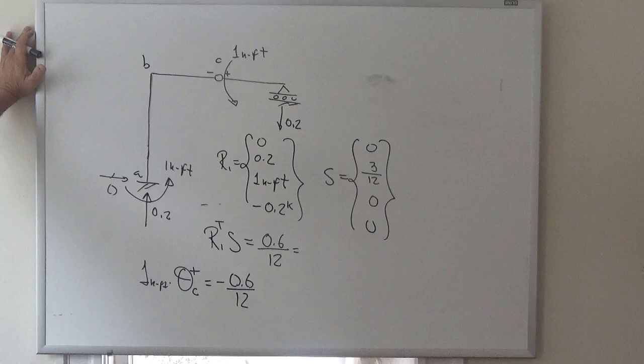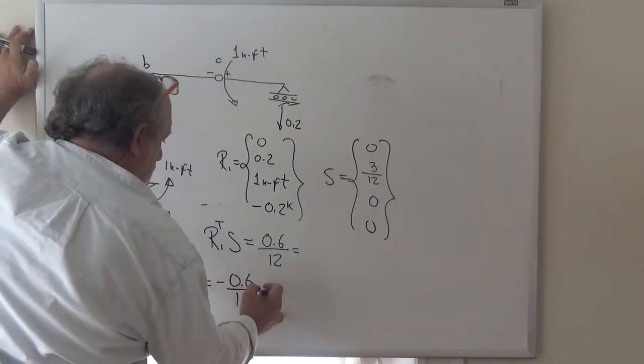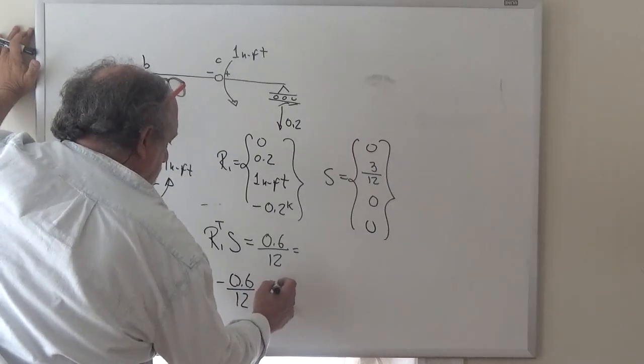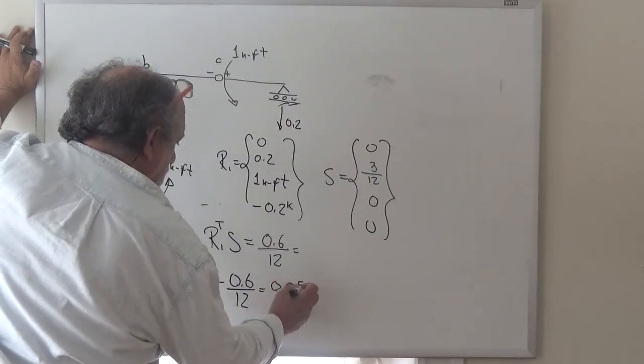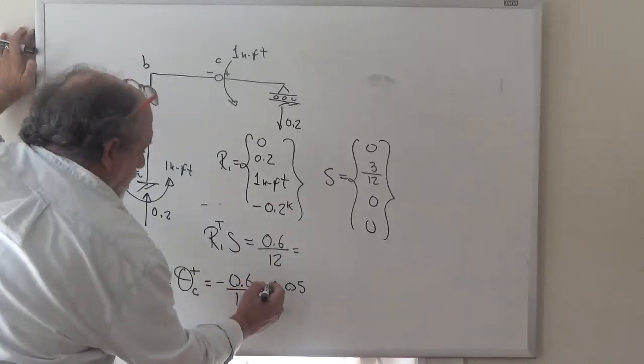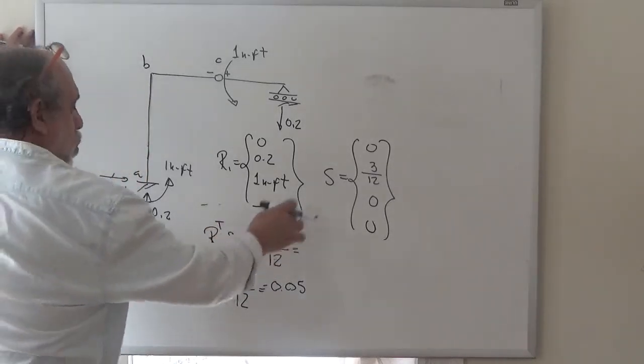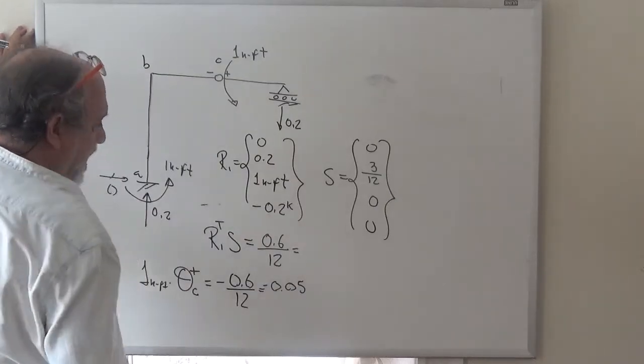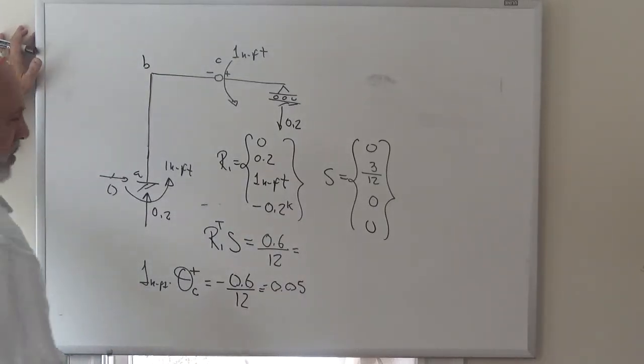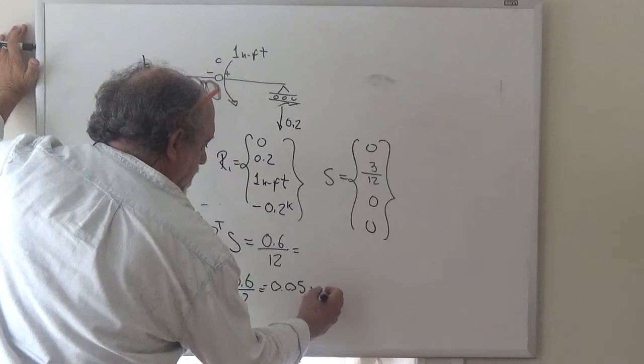So 0.6 over 12 is what? 0.05, right? That's the work. I'm sorry, the work was this much, but it goes to the right hand side, and so we get minus 0.05 radians.